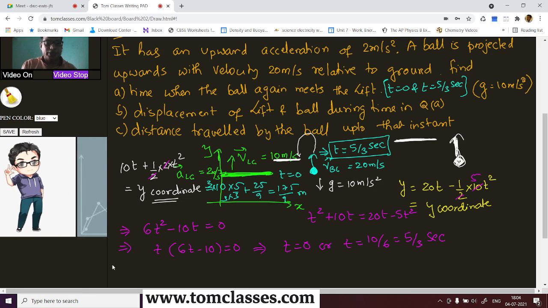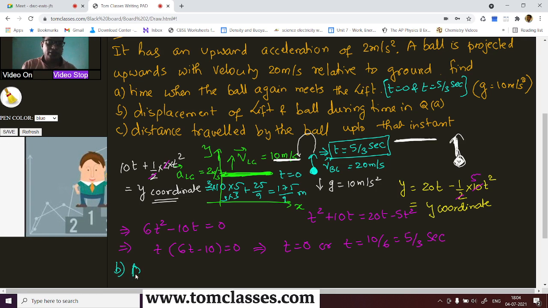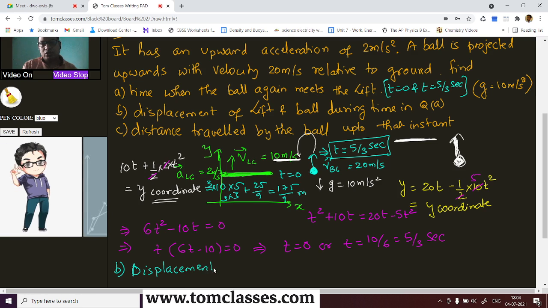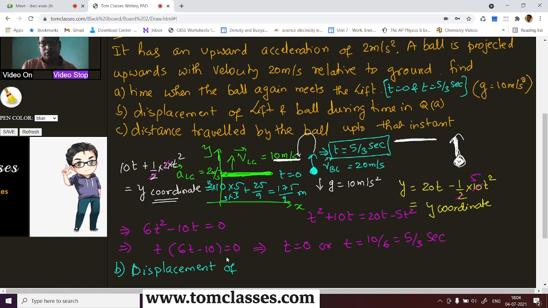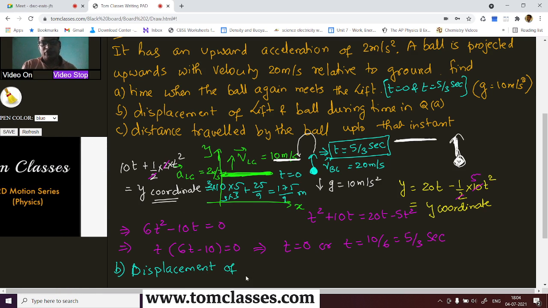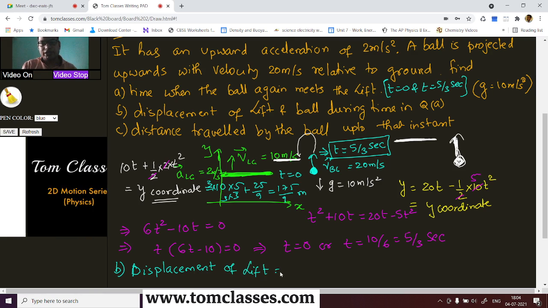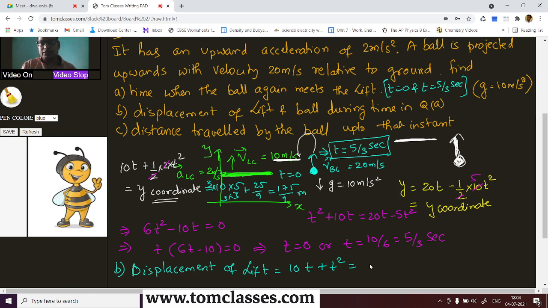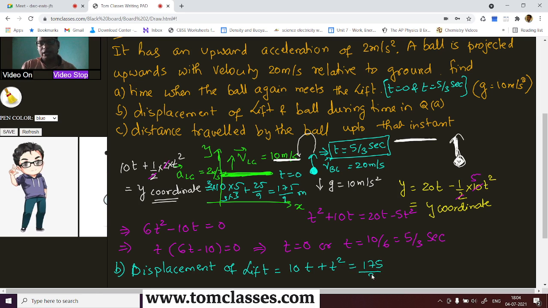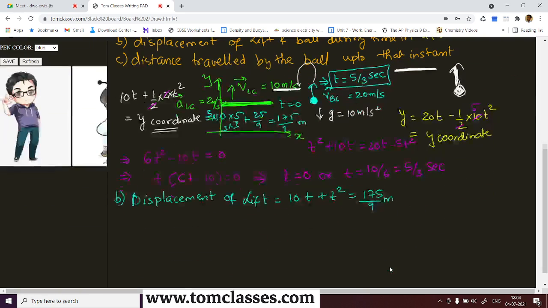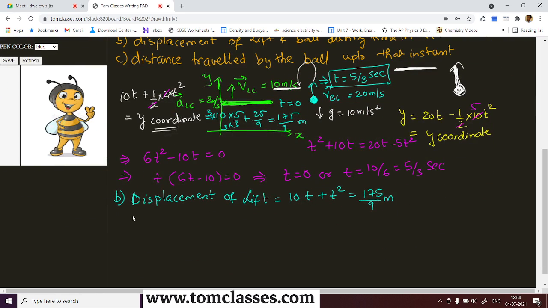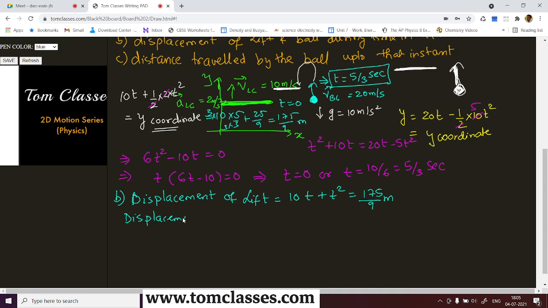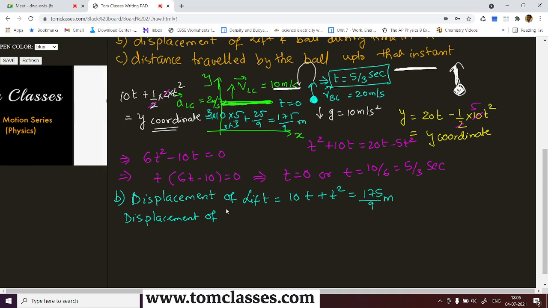So B part, displacement of lift. It is given as 10t plus t square, that is 175 by 9 meter. Now let's try to find out the displacement of the ball.